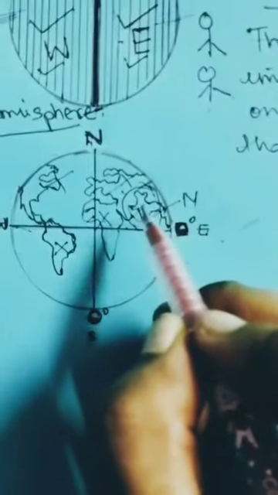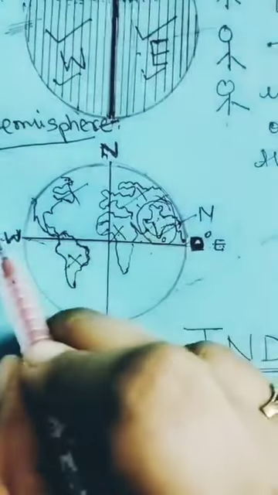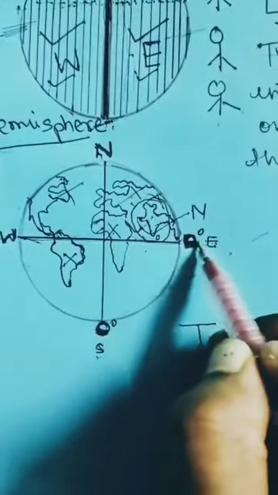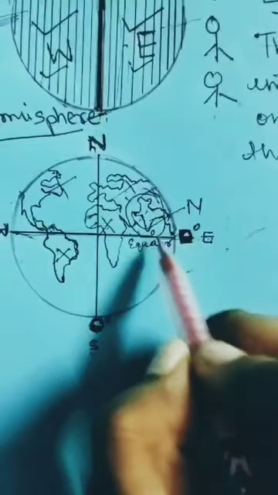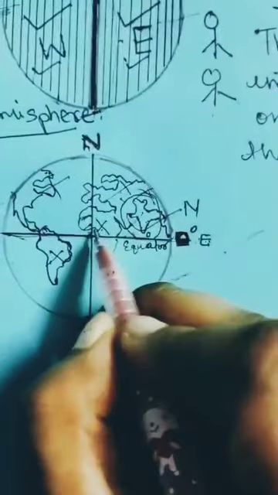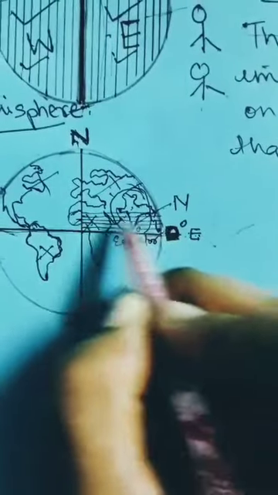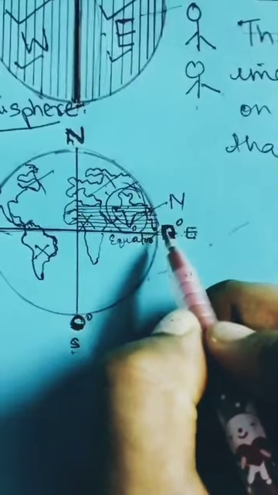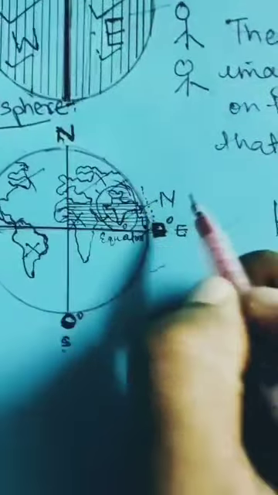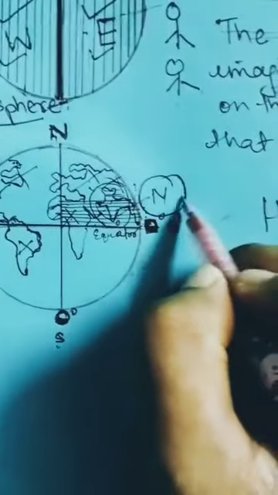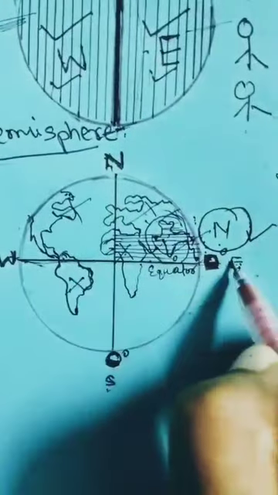As India is located in the northern hemisphere in comparison to the central latitude, the equator, all the latitudes will be increasing upwards, right? 0, 1, 2, 3, 4, 5, 6, 7, 8, like that it will go upward. So all the latitudinal values will be in the north, as it is located in the northern hemisphere in comparison to the equator.